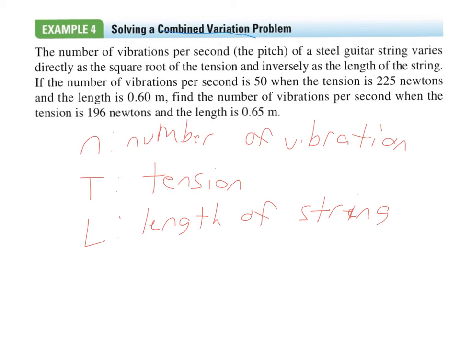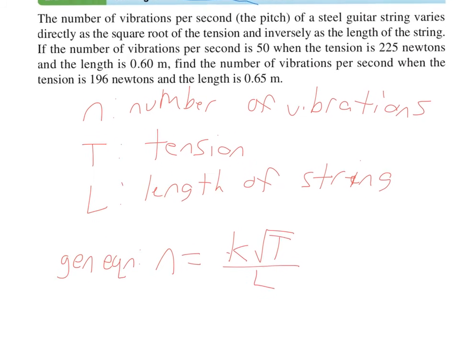So it says it varies directly as the square root of the tension, so the number of vibrations varies directly with the square root of the tension, so K times the square root of T, and inversely as the length of the string. So there's our general equation, which, if you haven't noticed, I've been abbreviating GEN EQN for general equation.